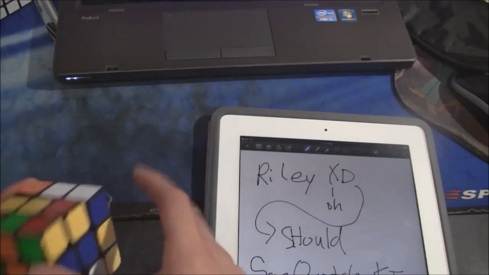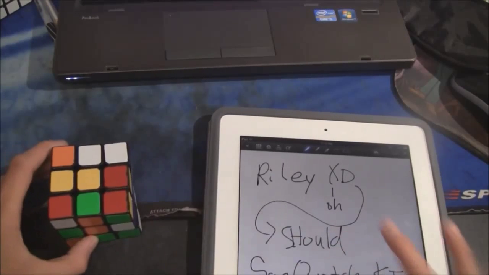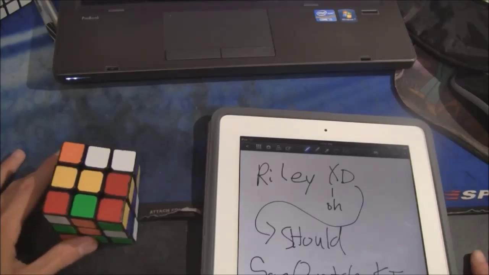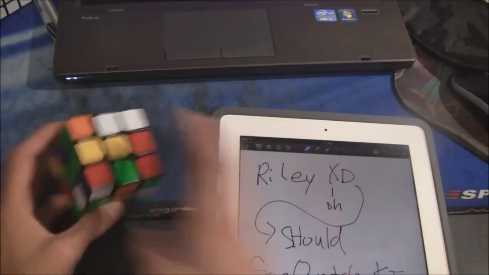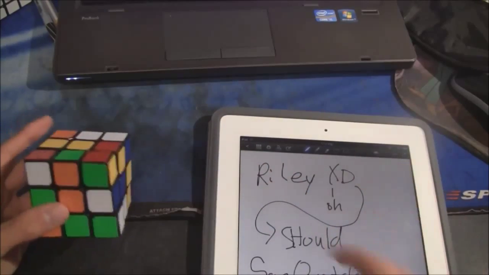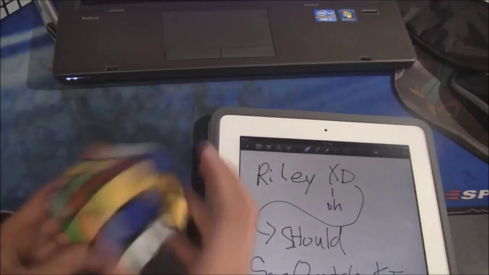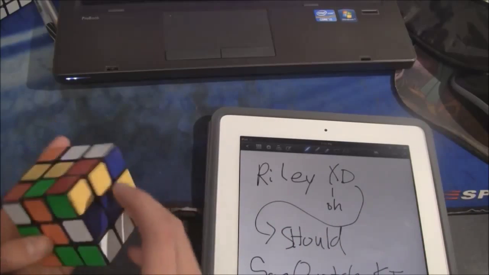I can't believe it. Riley should Sasquatch KJ ET. Oh, that's it. ETO. Okay, that shouldn't have been that hard. Okay. So it would be RL, Riley, XD should, and then SQ, Sasquatch, KJ, ET, and then O.